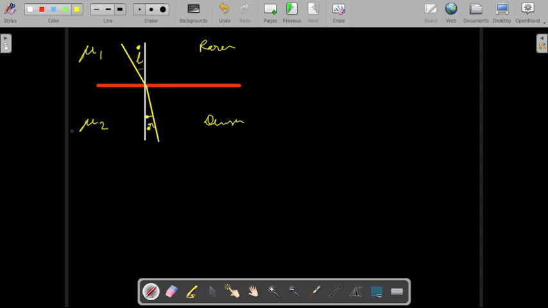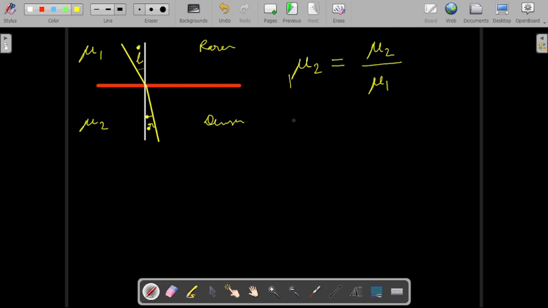The absolute refractive index of this rarer medium is, let's say, mu1, and the refractive index of the denser medium is mu2. Now, if this ray of light is passing from rarer to denser medium, and we have to find the refractive index of medium 2 with respect to 1, then by formula we write mu 2 1 or 1 mu 2. This simply means the refractive index of medium 2 divided by the refractive index of medium 1.